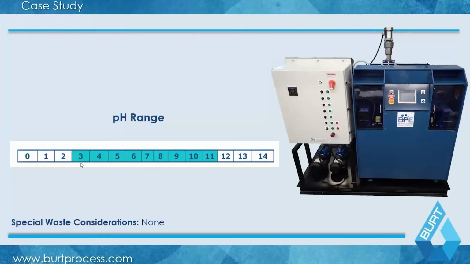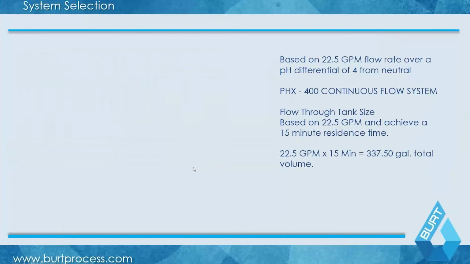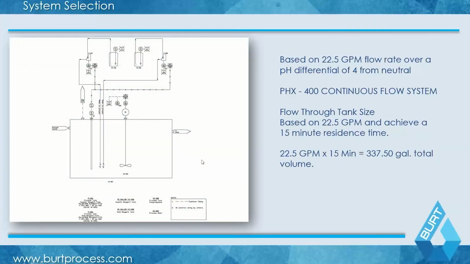Looking at the pH range, 3 to 11. You end up with about 337 gallons, which runs up to about a PHX 400. And schematically, these operate very similar to single-stage pH neutralization systems. Your reagent injection with level sensors, the effluent, agitation, and then your pH probe.